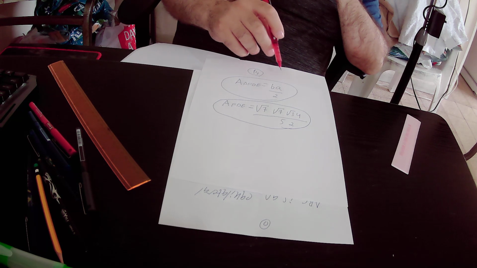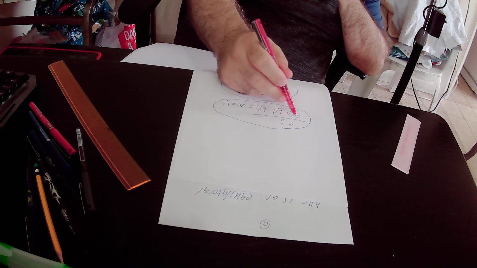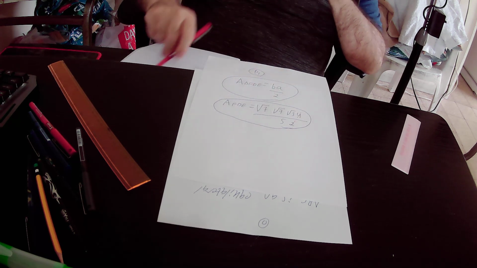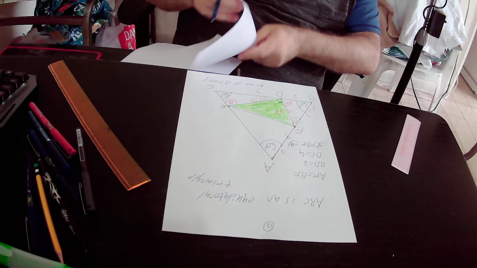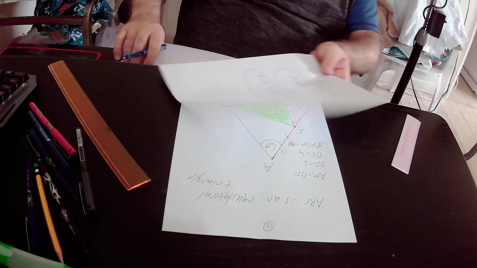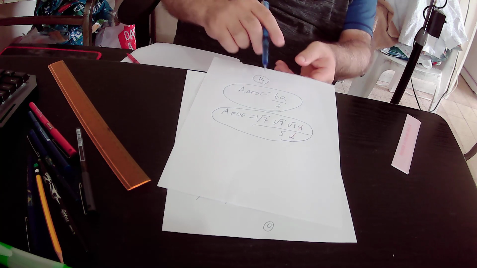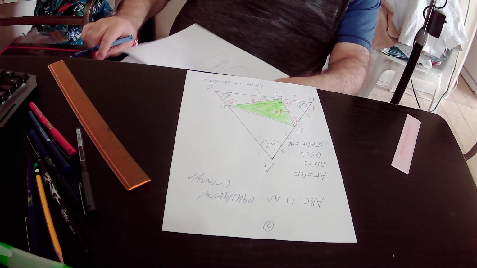Here, 4 over 2 is 2, and root 7 times root 7 is 7. So I write it down.